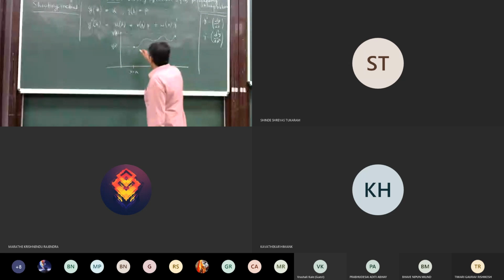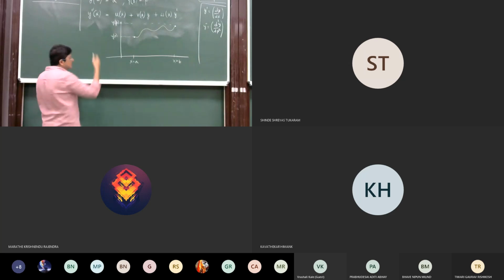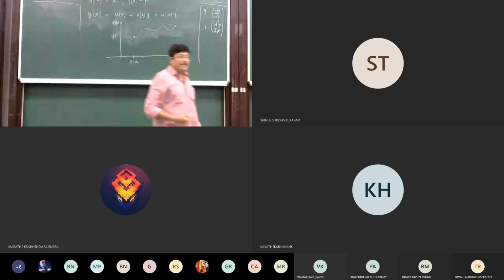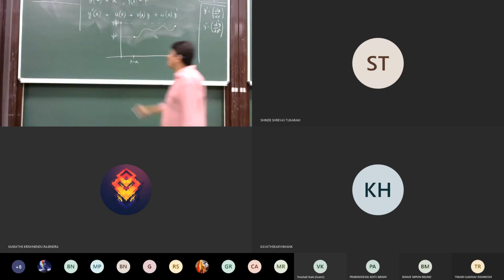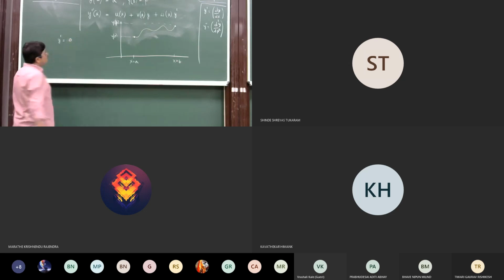Here, you have to take a guess, right? You might say, okay, I use this Euler method, but I will take a guess value of the slope. Let's say I begin with a slope of 0.